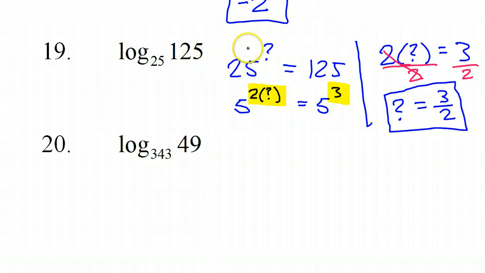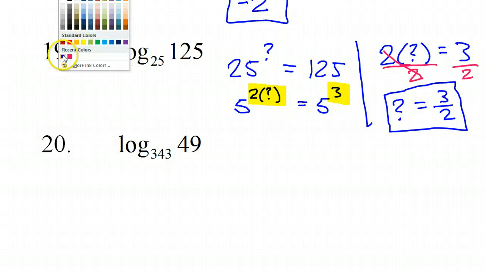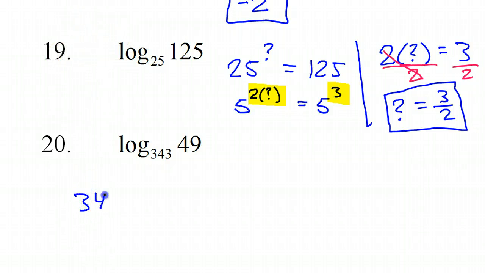Instead of a question mark, I'm going to use an X because it's just easier to work with, or an N. So anyway, you should be asking yourself the question, 343 to the what power is equal to 49? Now you can't really do this directly, because we don't have powers of 49 or anything. So that's why we're going to do it this way.